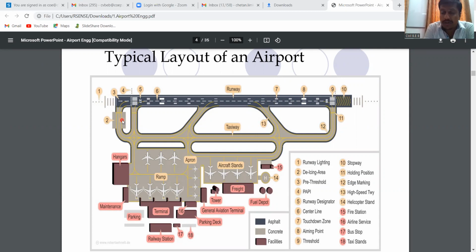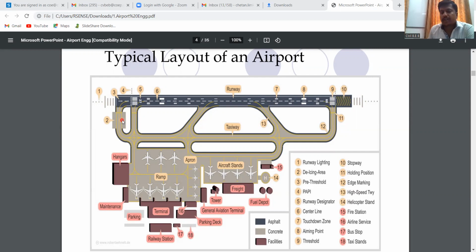It requires a threshold. It means it is going to generate a huge amount of power to start its engine and then to take off, or maybe at the time of landing also. So some energy is required by that aircraft, and for that we have a threshold area which is kept reserved. Okay, so a few components you are going to see, like aprons or the taxiways or the hangars.